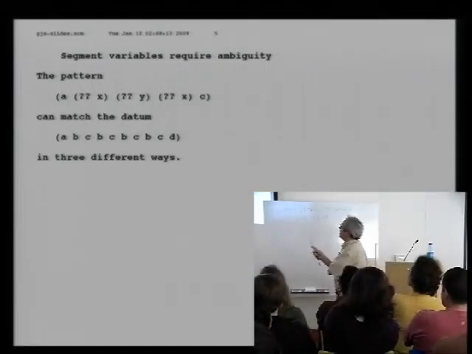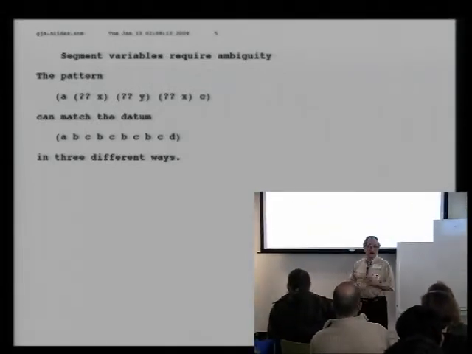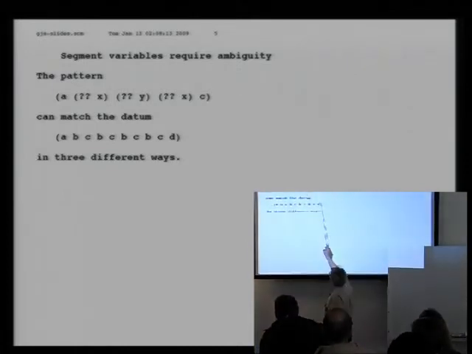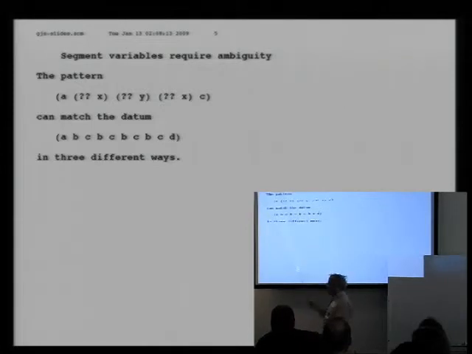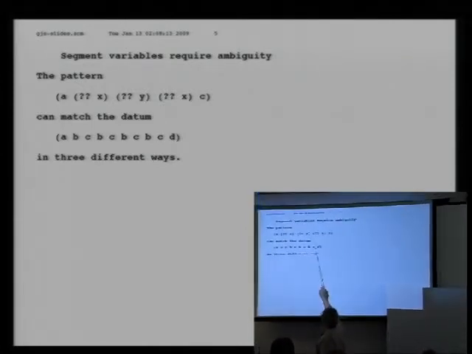The reason why that should be, if you all see the D, and if this were a document camera, I would have put the line in and you would see the D. If you see the D here, there are 3 ways it could match. For example, it could be that X could be the empty pile of stuff, in which case the Y is everything between here and here.